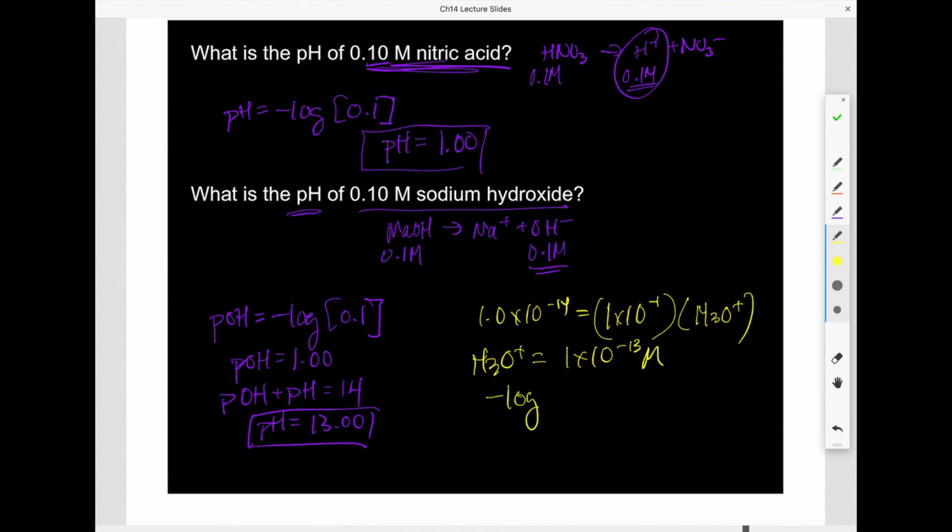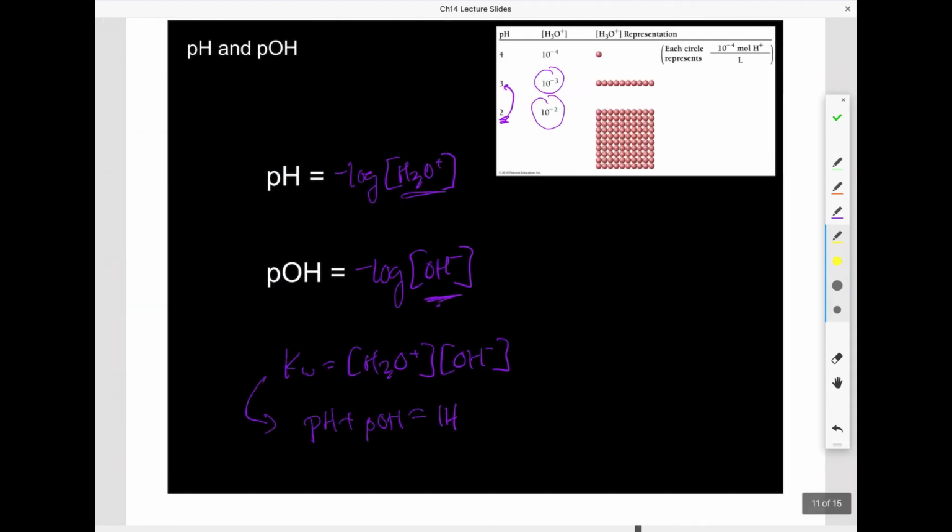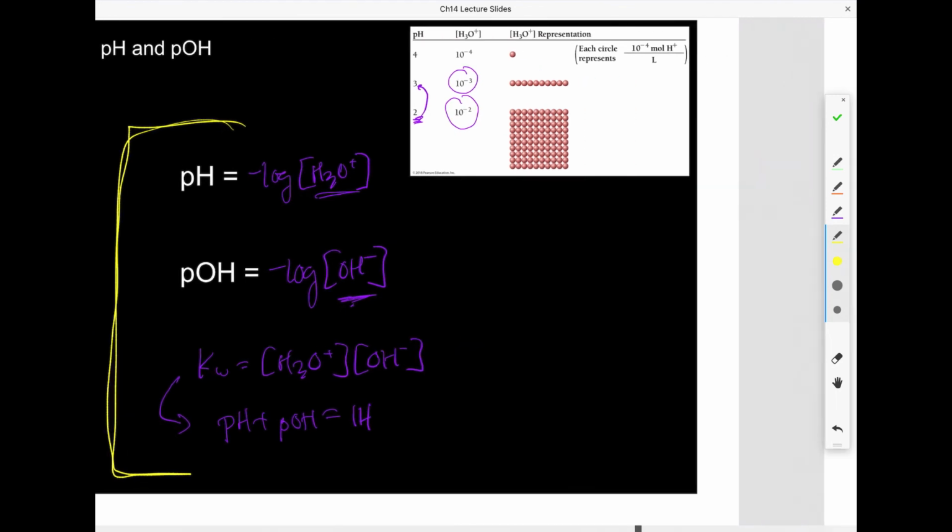And if I do the negative log of 1 times 10 to the negative 13th, I'm going to get a pH of 13. So either way I do it, I come up with the same thing. So whichever of these equations makes most sense to you, that's what you would do.